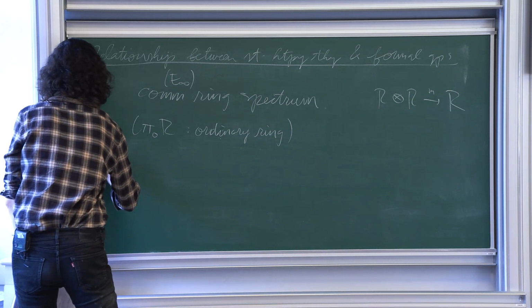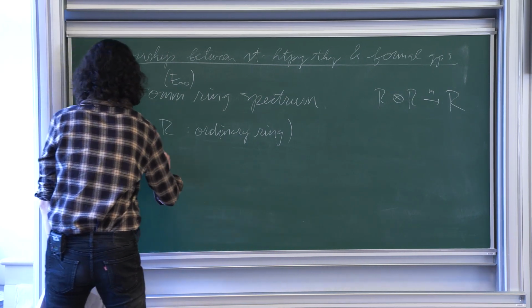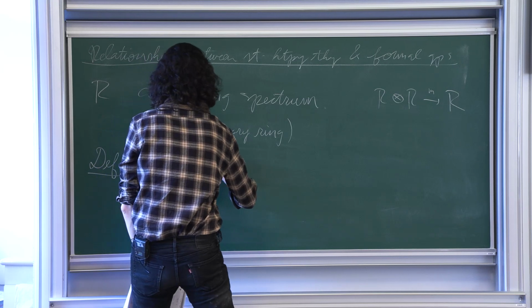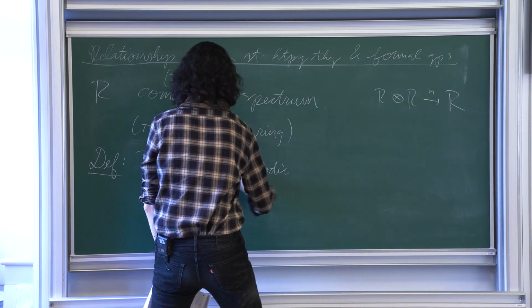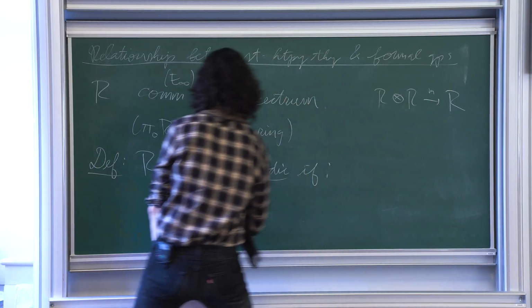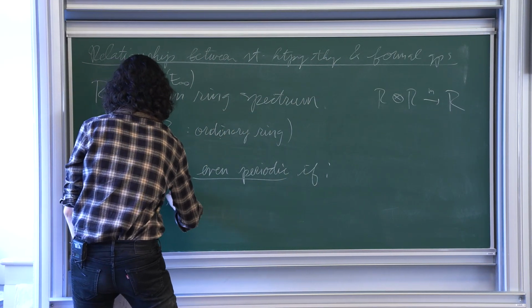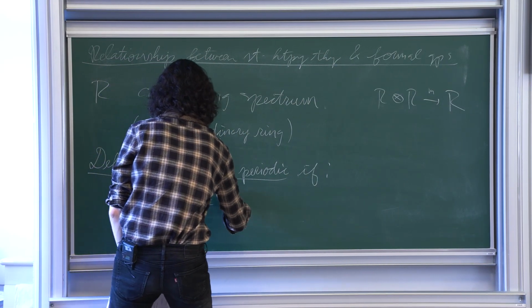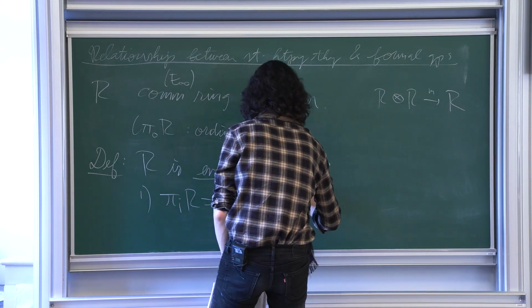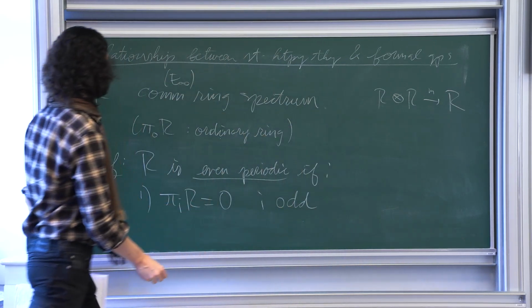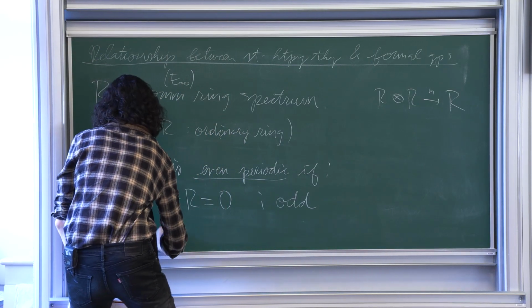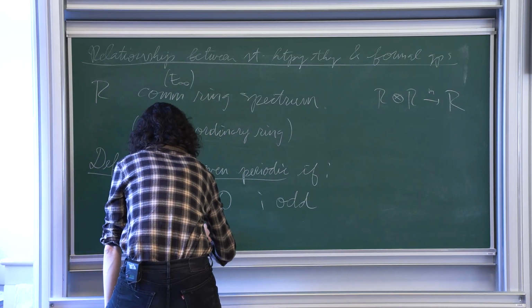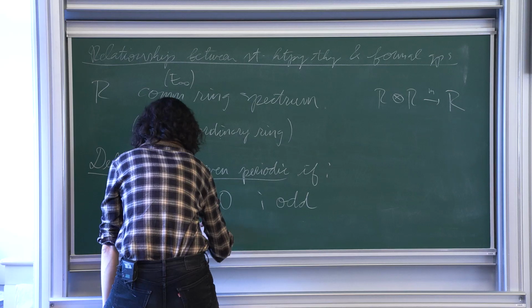Okay, so definition: R is even periodic if the following conditions hold. The first condition is even, which is that the homotopy groups are 0 if i is odd. The second condition is that it is periodic of period 2, so to speak.